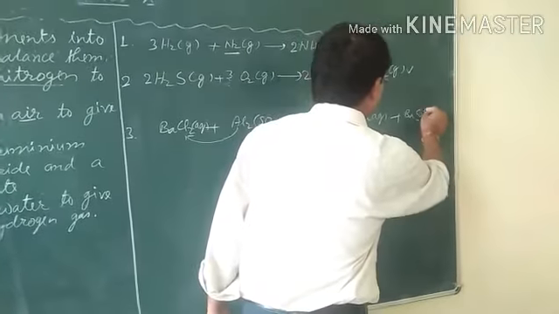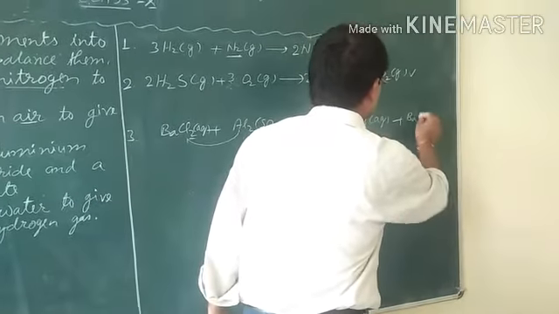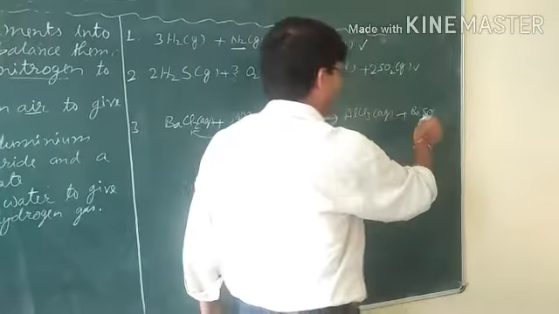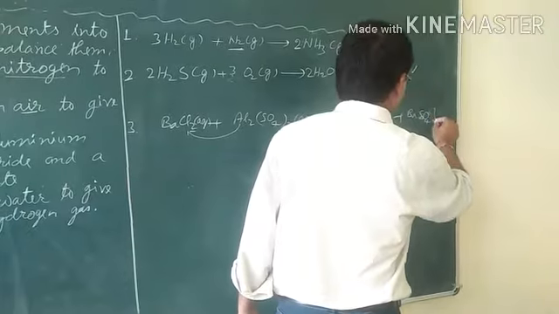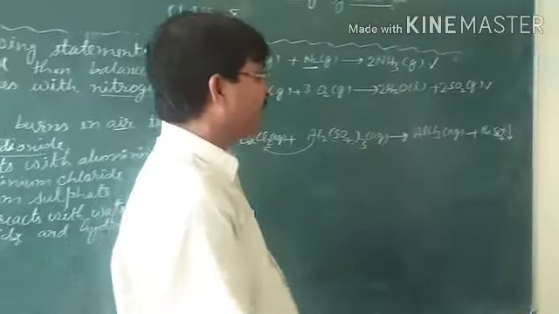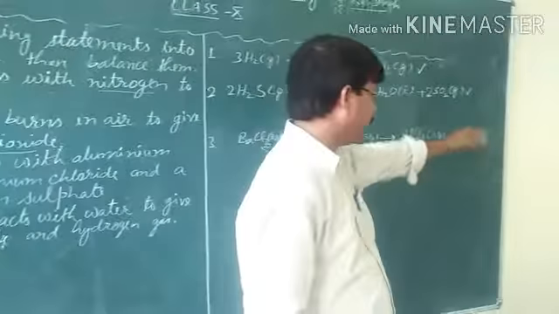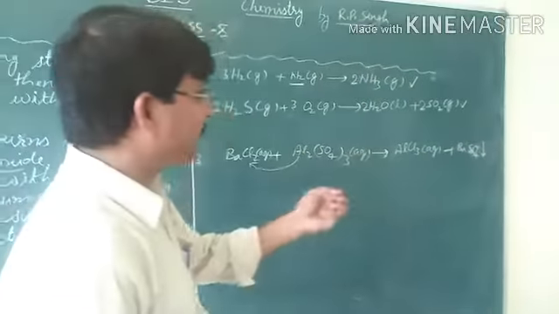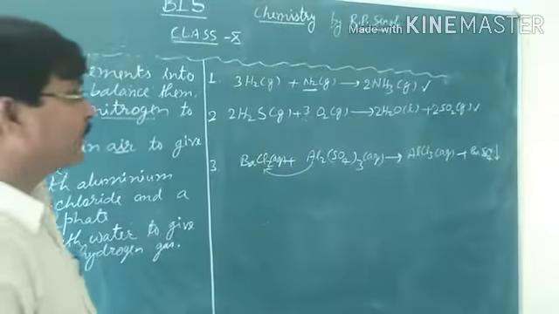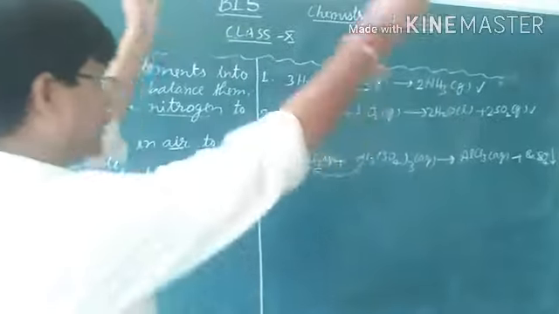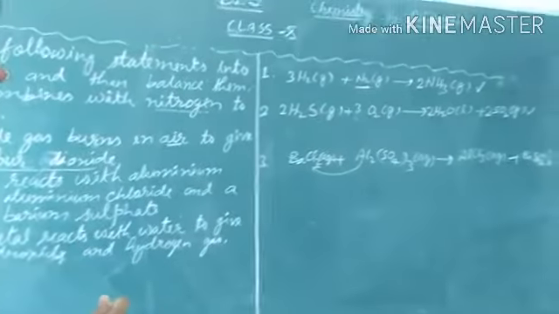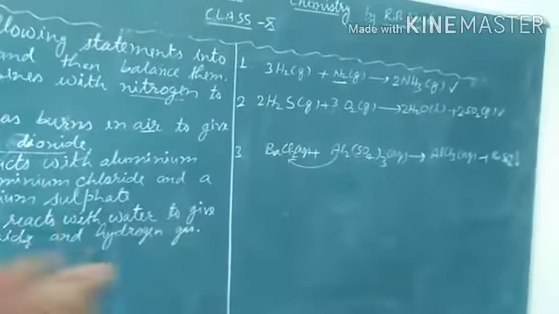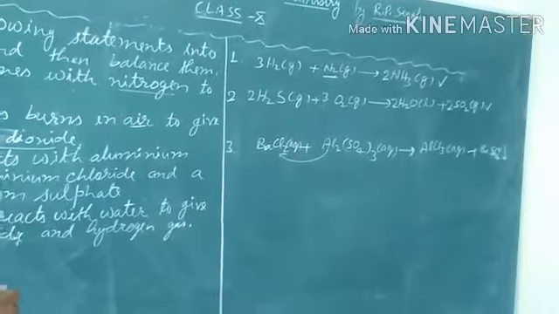The formula of barium sulfate is BaSO4. This is a precipitate, so we will use the arrow in the downward direction. The downward arrow shows precipitation. Okay, this is the chemical equation in the form of chemical formulae.